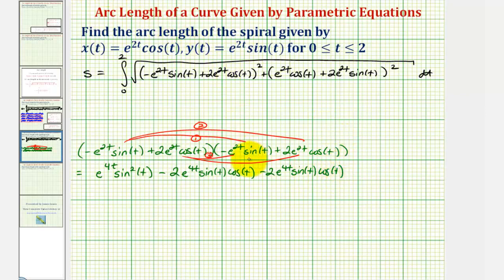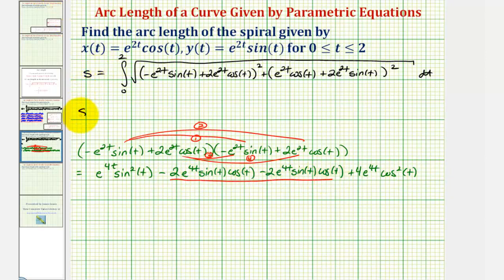And then finally, for the fourth product, we would have plus 4 e to the 4t cosine squared t. Notice how these two middle terms are like terms.